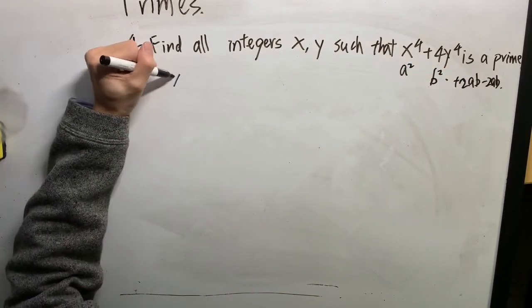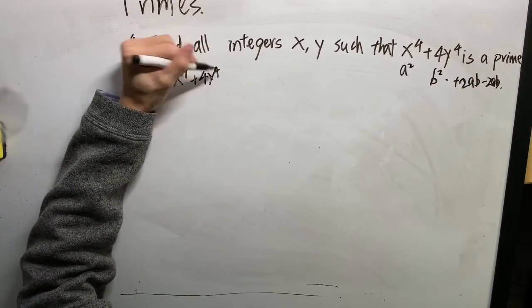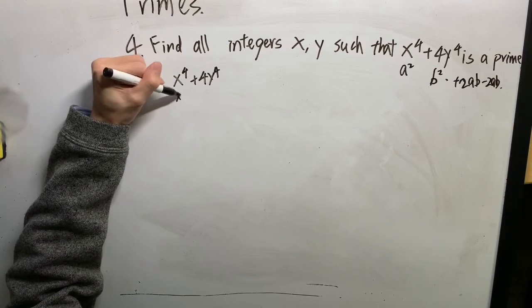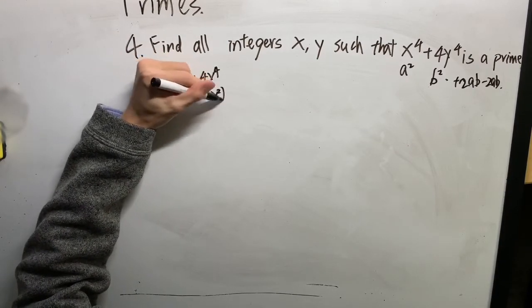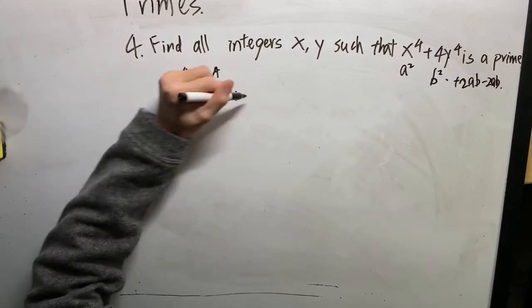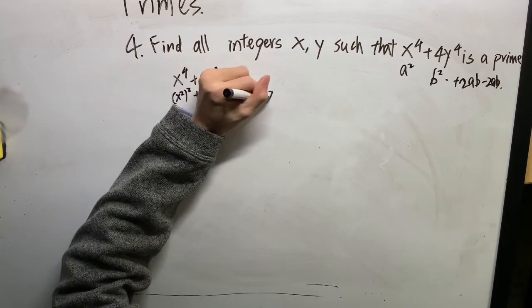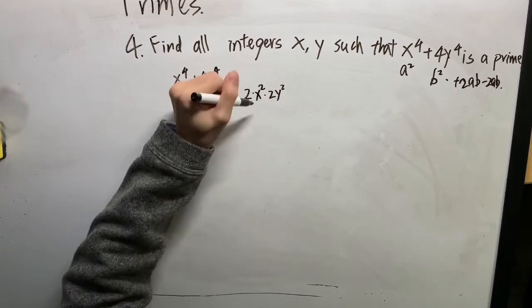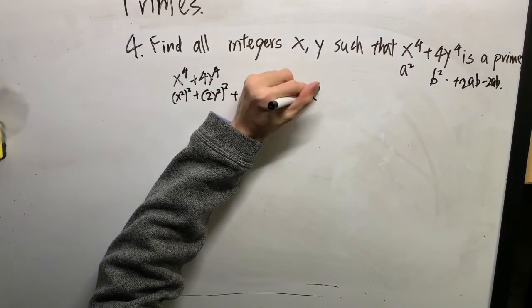Thus, x to the fourth plus 4y to the fourth is (x squared plus 2y squared) squared, since we need to add 2 times x squared times 2y squared, that's 4x squared y squared, so we also need to minus 4x squared y squared.